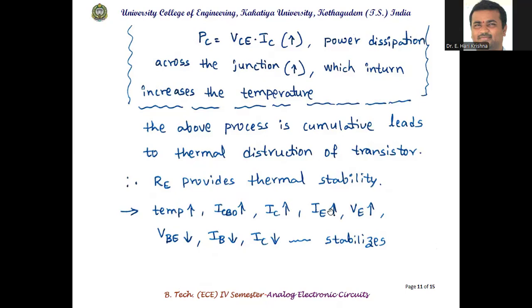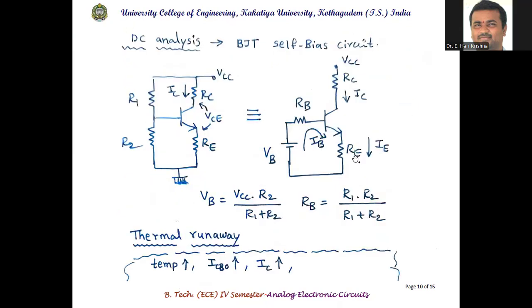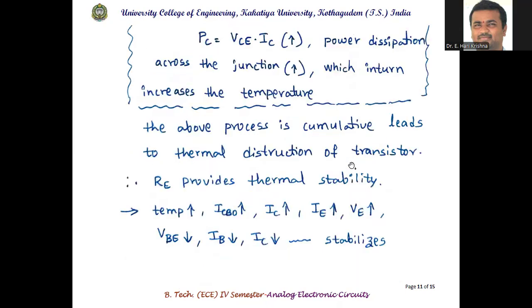So IC increased, IE increases. Voltage across the emitter resistor, VE, increases, which decreases the base to emitter voltage. VBE is equal to VB minus VE. VE increased, VBE decreases.